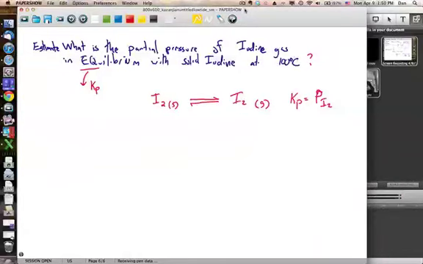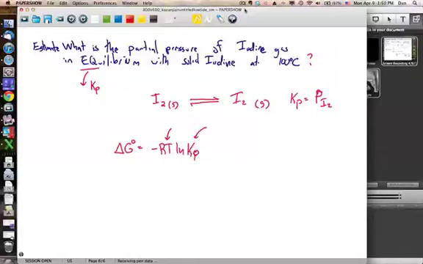Well, we don't have any other information, but we know that delta G naught is equal to negative RT ln KEQ, or Kp in this case, at equilibrium. Again, we can use these non-standard state conditions and plug in that temperature and figure out what this equilibrium constant would be.